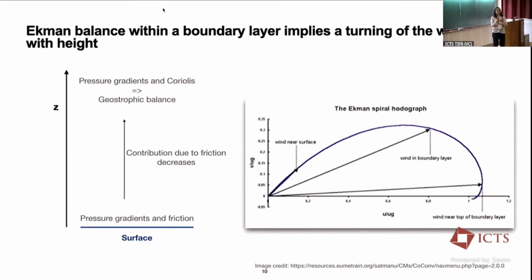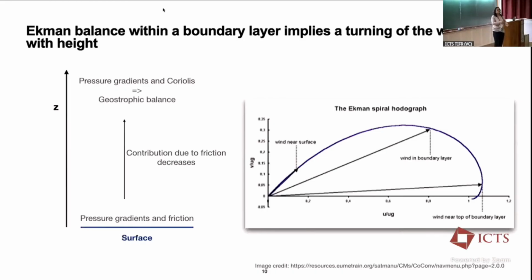Because the winds are small near the surface, the Coriolis is probably not so strong, so you have the dominant balance between pressure gradients and friction. As you keep going up, the contribution due to friction decreases because you are going away from the surface. Then when you're outside of the range where the friction exerts its influence, you have the balance between pressure gradient and Coriolis, which is called the geostrophic balance.